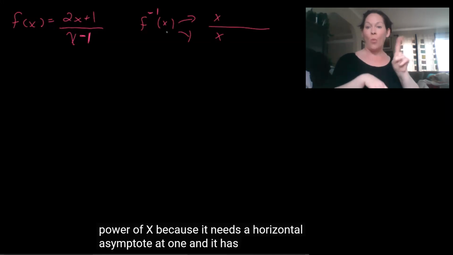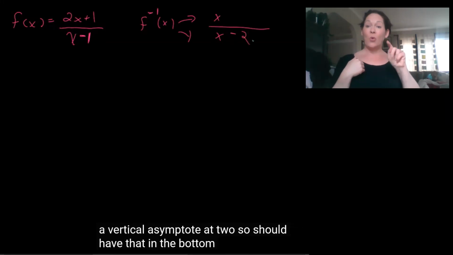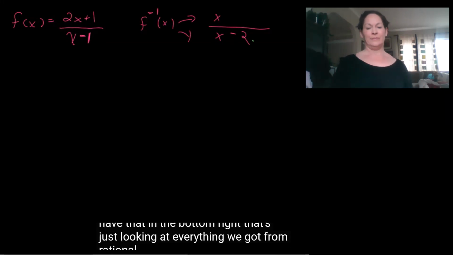And it has to have a vertical asymptote at 2, so it should have that in the bottom.